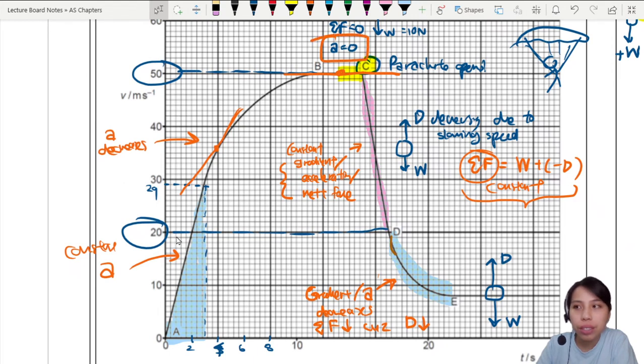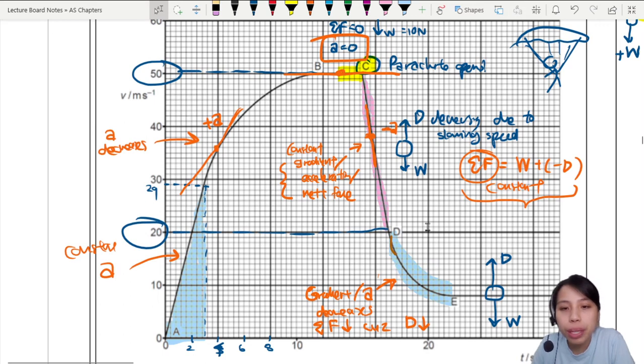That's acceleration 0. Then suddenly acceleration changes sign because now you're going downhill. So this is negative acceleration. By the way, the left side is positive acceleration. So it's constant until we reach point D. Then acceleration starts to decrease. A negative acceleration decreasing.